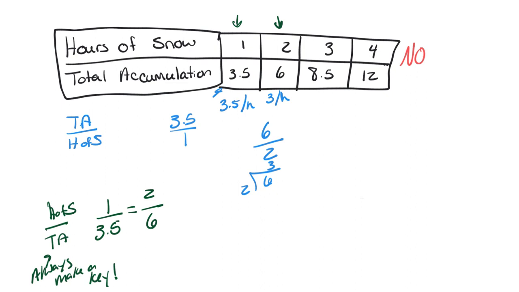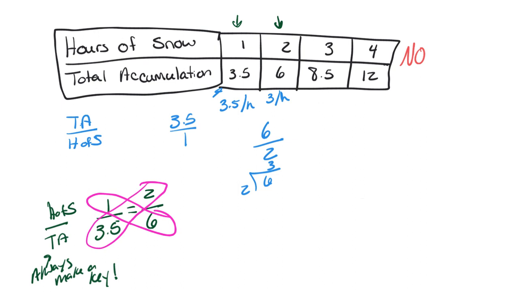So another easy way to solve a proportion, I don't know if you guys remember it, is cross multiplying and dividing. Okay, 1 cross multiply, so cross here and cross here.